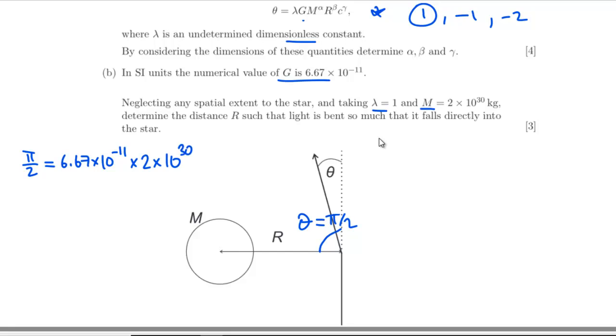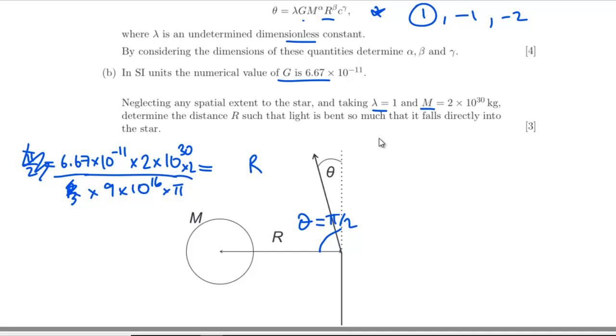Then we've got to divide by R, and divide by c squared, multiplied by 9 times 10 to the 16. So rearranging all of this, we'll put the R up there and multiply this by 2 and put a pi on the bottom. That's going to give us what R is.